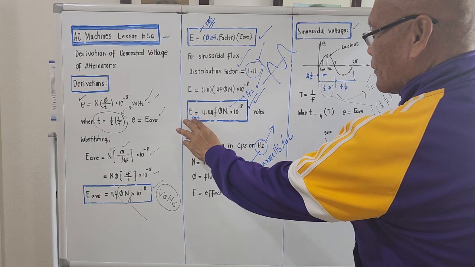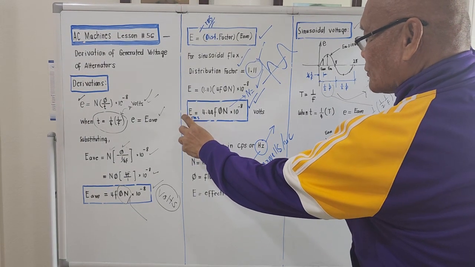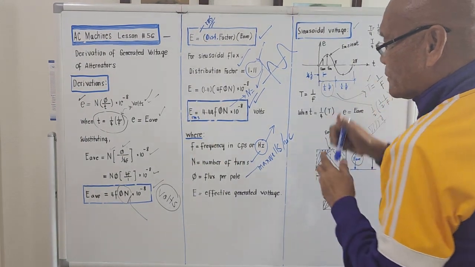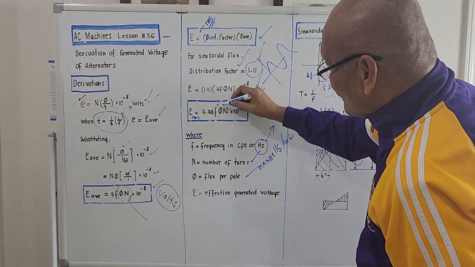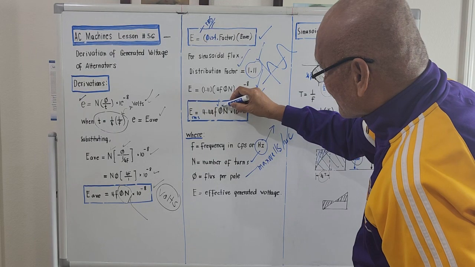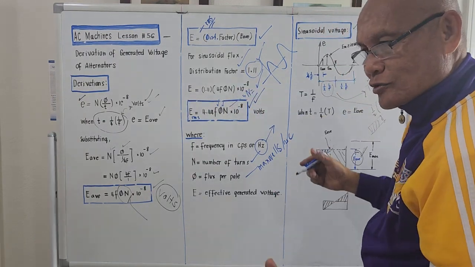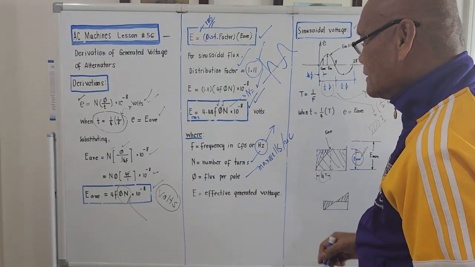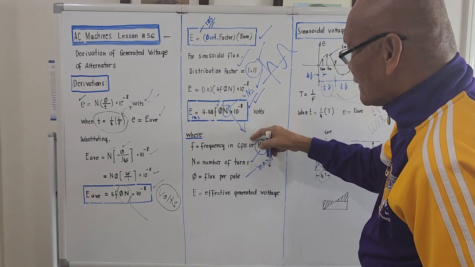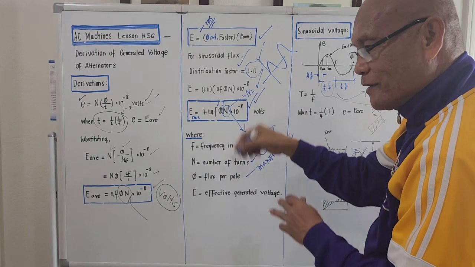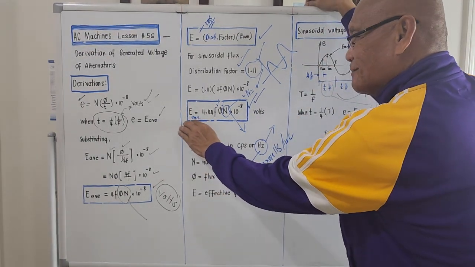If we want a voltage something like 13,200 here, we'll just indicate our frequency, we'll just indicate our total flux, how strong maybe the magnetism is. We could determine how many turns will be needed to generate that voltage.